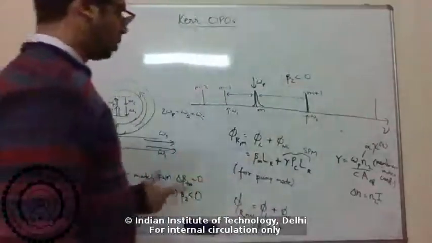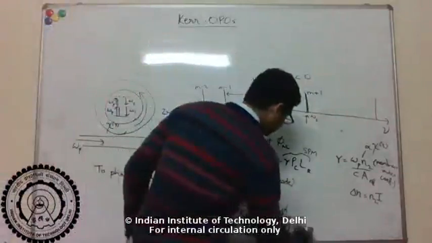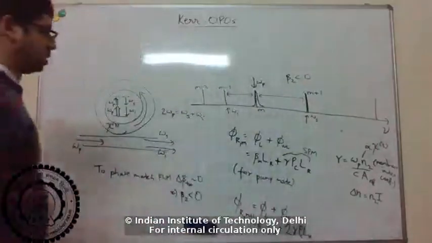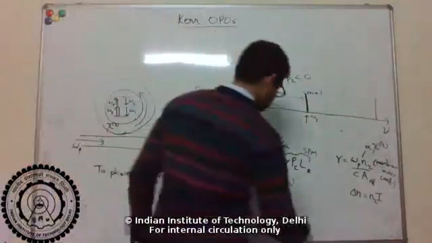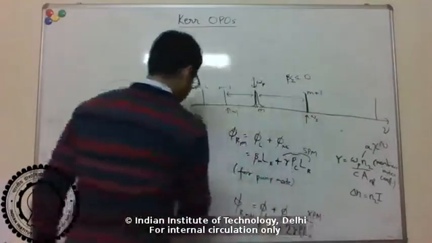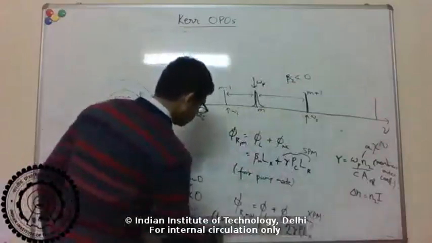And you know that cross-phase modulation has a factor of 2 because of the degeneracy factor. So this is the cross-phase modulation, for any other mode apart from the pump.